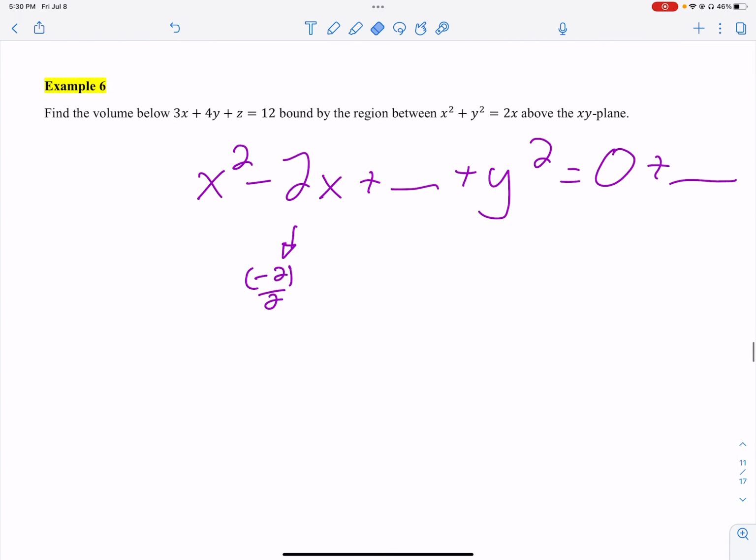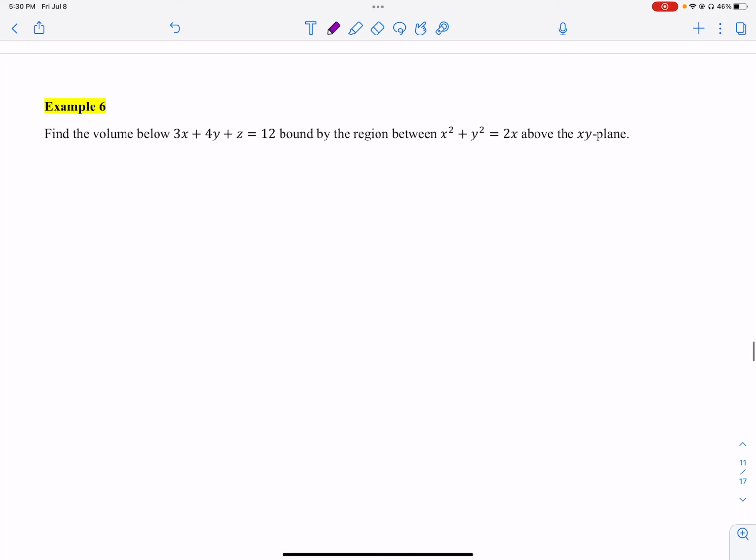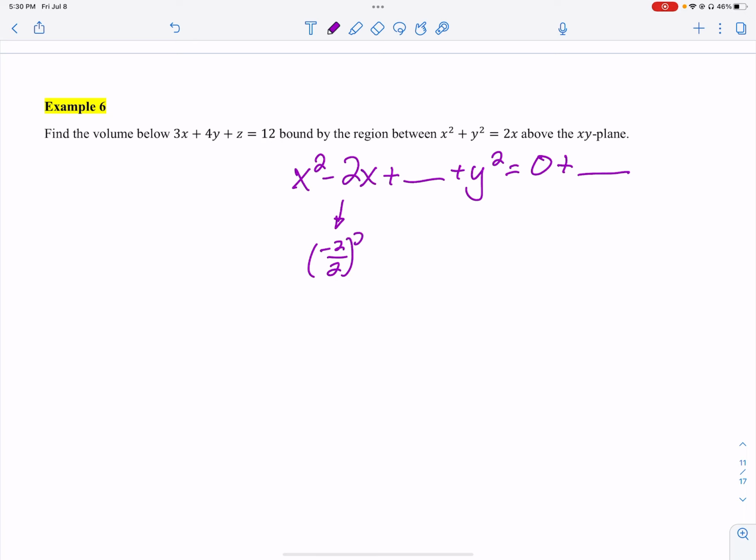Let me write this again. Forgive me for wasting a bit of time, but I'm going through space too fast. So I got x squared minus 2x plus blank plus y squared equals 0 plus blank. All I did was move minus 2x to the other side and add blanks. What we do is we take this number, divide it by 2, and square it.